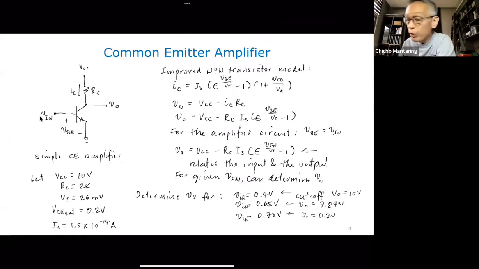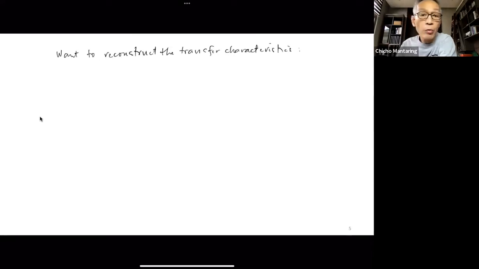Okay, what do I want to do? I want to reconstruct the transfer characteristics. What did we say was the transfer characteristics? This is V sub O versus V in.